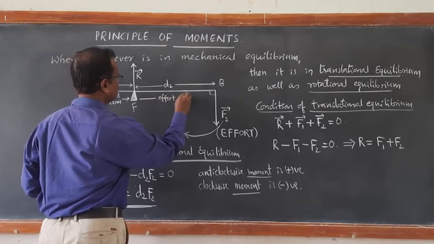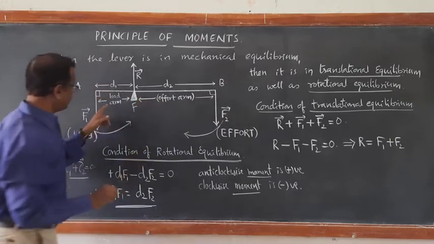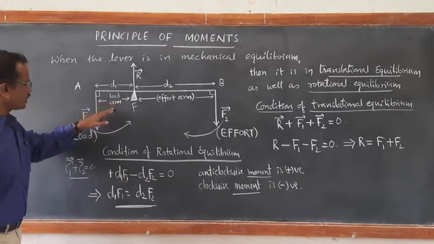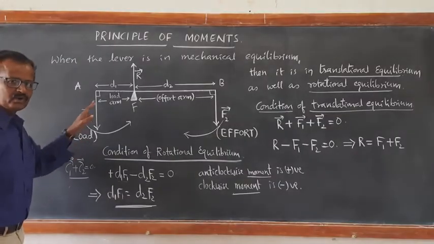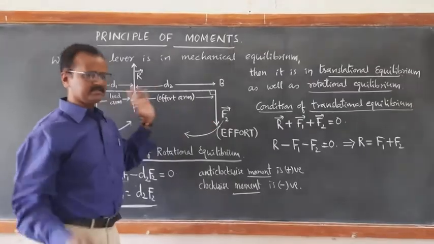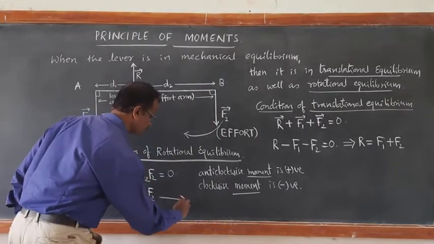So this is easy to remember. So D1 into F1 can be written as load arm into load. Load arm into load equal to effort arm into effort. That's it. That itself becomes principle of moments.